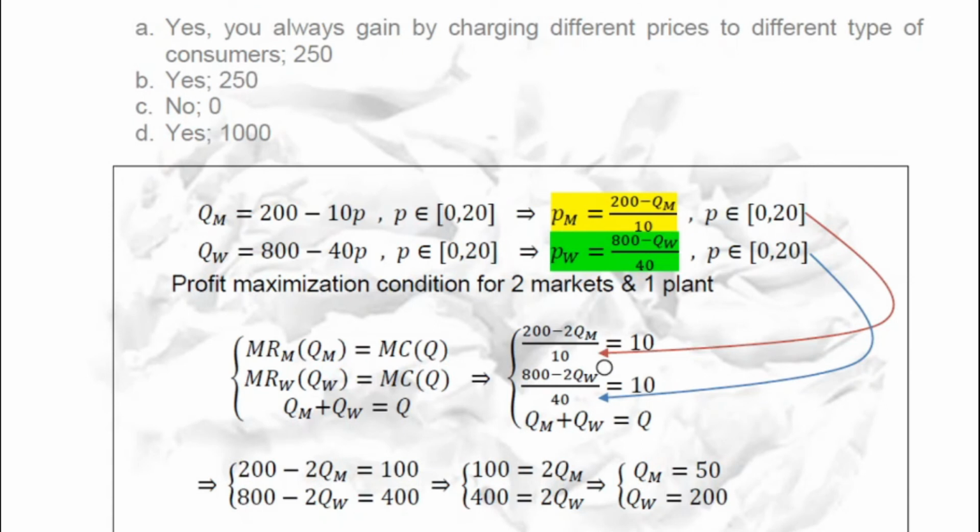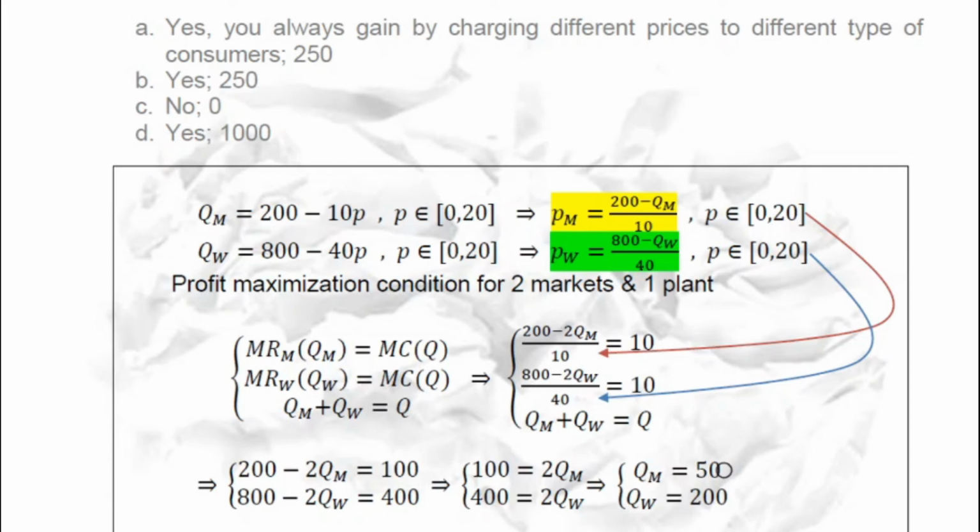Then for women the same: we isolate PY, which is 800 minus Q divided by 40, so marginal revenue for the women market is 800 minus 2Q divided by 40, equal to 10. And of course the quantity I produce must be equal to the quantity that men and women will buy from me.